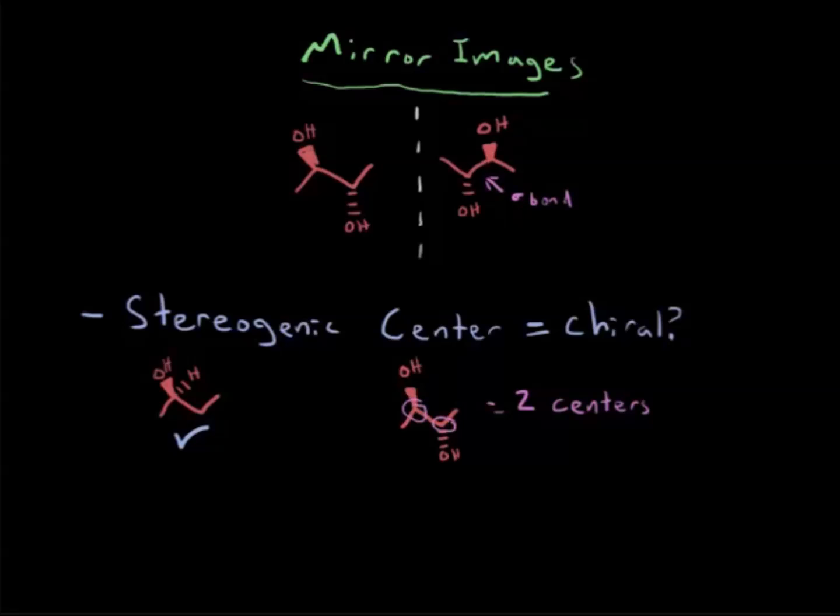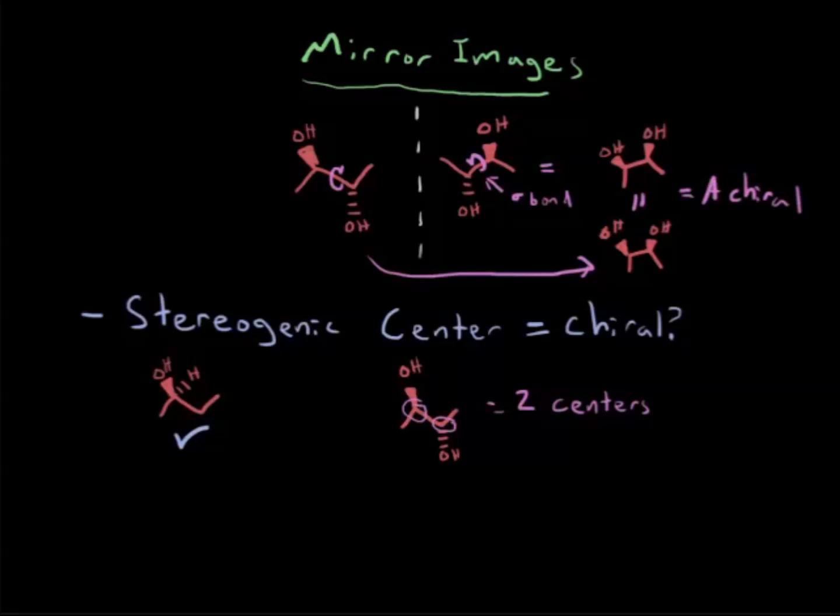This freely rotates right here around this bond. So we can just turn one of these around. What do we end up with? We end up with this molecule right here, with both of our hydroxyls coming straight out the page at us. And we'll turn this one too. And we end up with the same thing. I just turned it around, just rotated it a little bit, and there we see, those are the same molecule. That is in fact achiral.